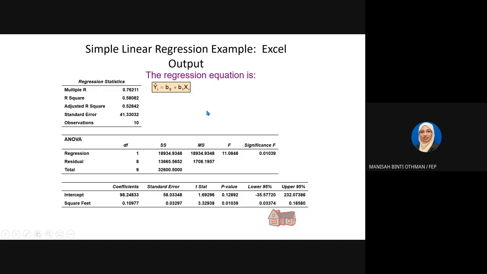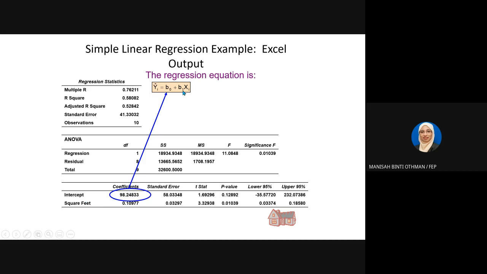Later on, if you have more than one independent variable, you will have x1, x2. You do not have to calculate; you can identify these from this table. The intercept value is in the last table here. You can see the intercept coefficient. This is the value for B0. The Excel output is standard.